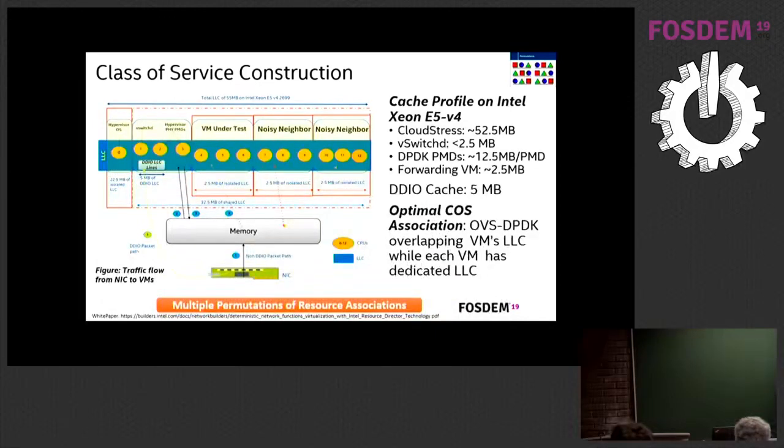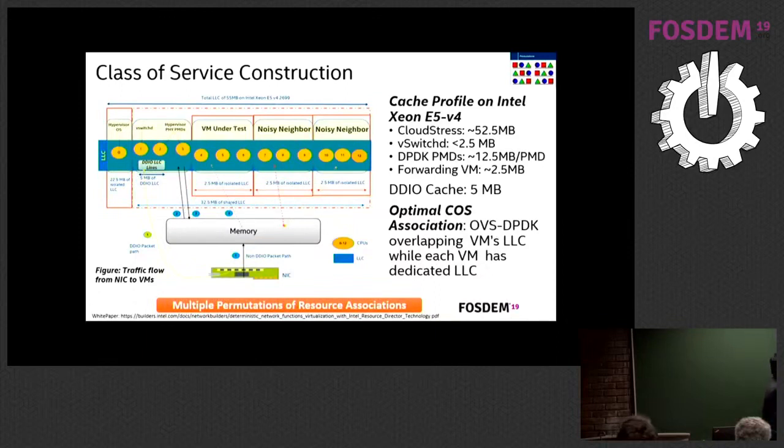And if you add up the cache required for the vSwitch infrastructure, we gave the rest of the combination of that to the vSwitch, basically the PMDs and the vSwitch daemon. And cache allocation technology allows you to overlap the cache. Basically here, these VMs are isolated for their cache, and the vSwitch is overlapping the cache with the VMs.